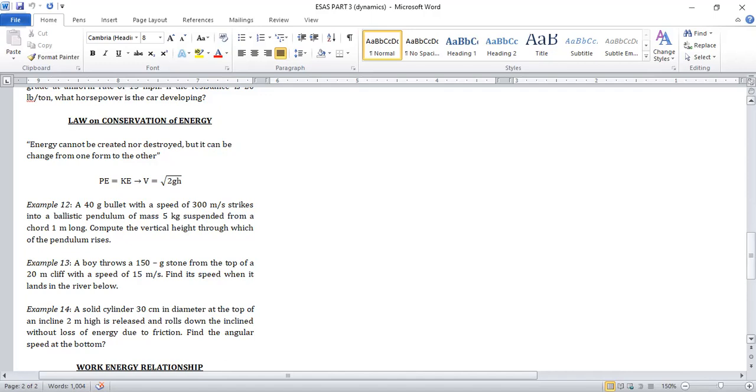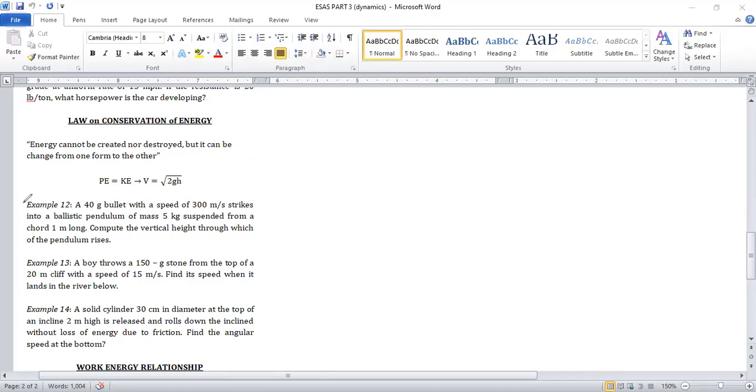That is why we have here the statement, energy cannot be created nor destroyed, but it can be changed from one form to the other. So meaning to say we can equate the two. So potential energy is equivalent to the kinetic energy. No? So, okay, we'll try to take a look at the given sample problems.